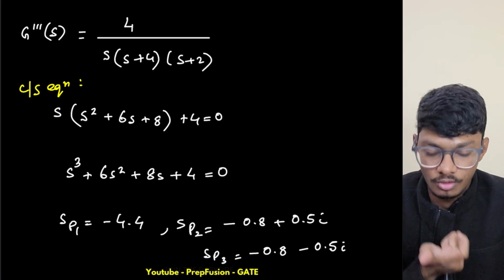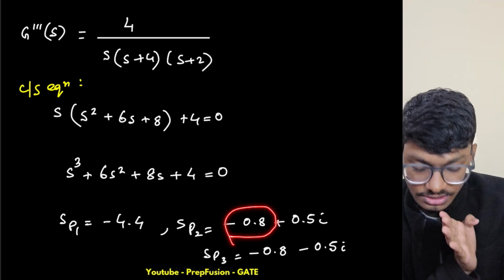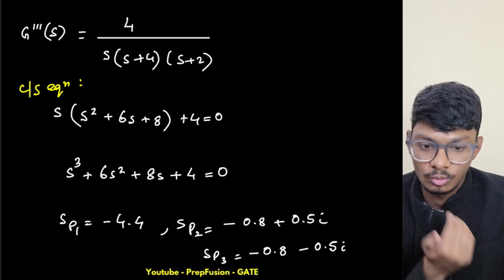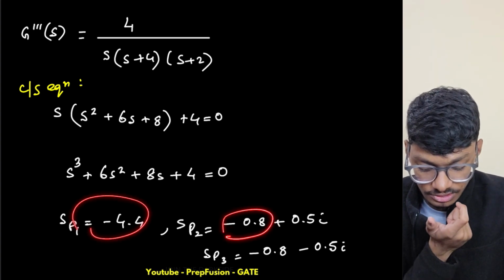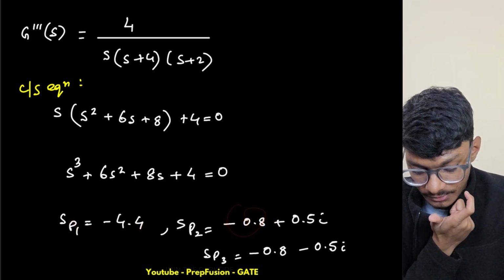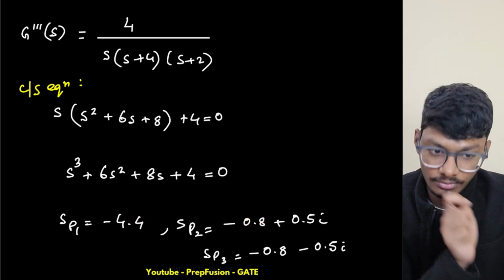So what does complex conjugate poles say here? First thing is, the real part of this is -0.8 and this is -4.4. So this one is much nearer to the origin than this, and this is also 4 times lower than this. So we can ignore this one from the dominant pole concept.